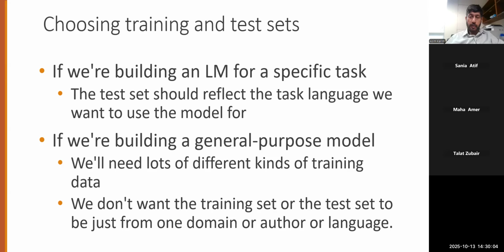So how do you choose the train and test set? This has to be domain specific. As we will see later on again today, if you choose a training set and then you apply that language model on a test set which is different from the training set, you will get very poor results.